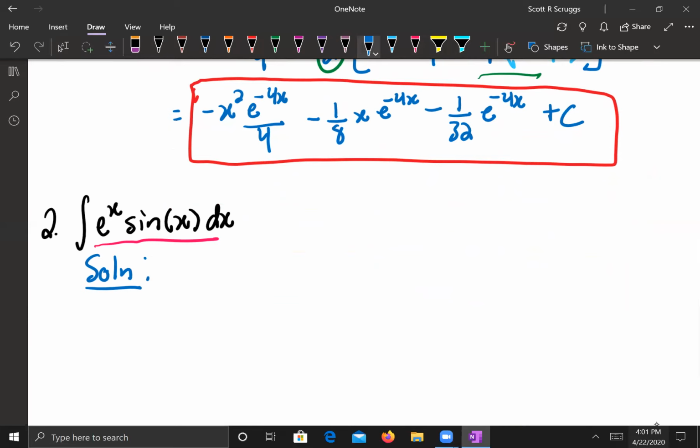So I have a product of two functions, which means I'll be using integration by parts. Because I see an exponential, e to the x will have my hierarchy for dv. So sine will be my choice for u.